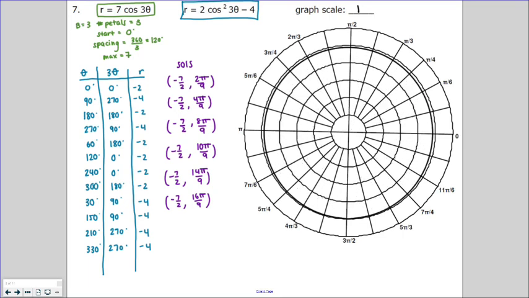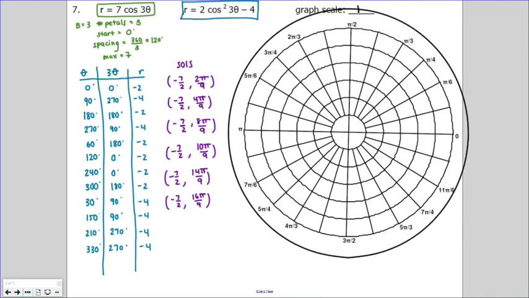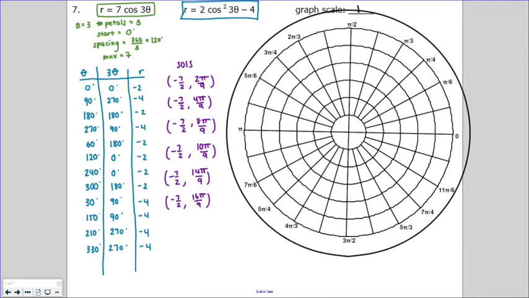So all I'm going to do is pull another ring out that represents 7 so that I can scale this by 1 and get a really nice looking graph that fills up all the space. So you guys can do that if you just draw another ring around, and then we'll call that 7, and I can scale this by 1. I'm going to start plotting all of these points, including the solutions, and then connect the dots and identify the places of intersection.